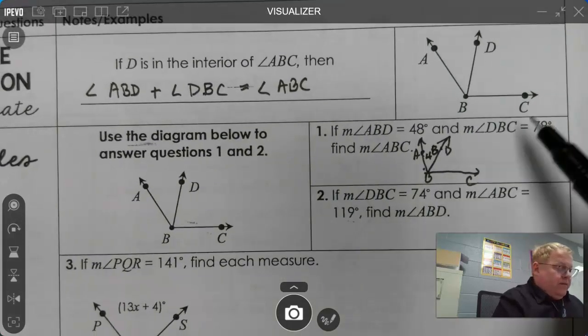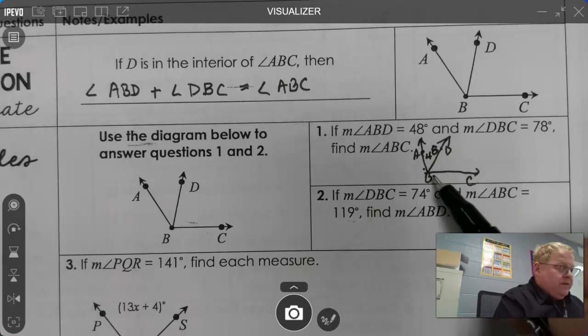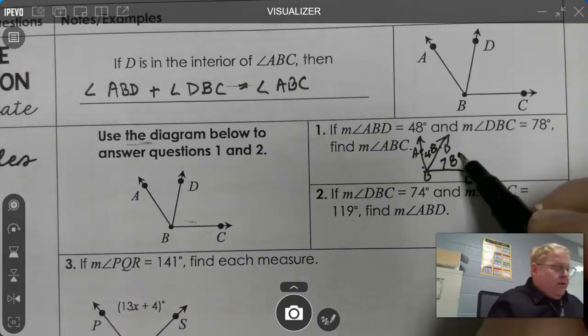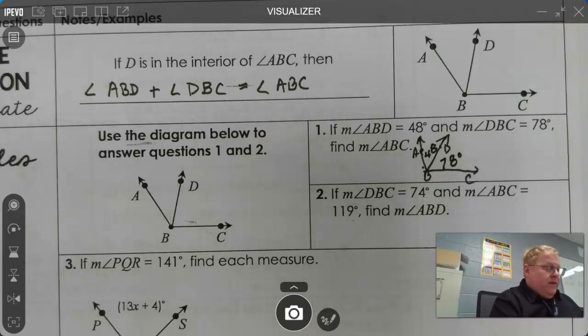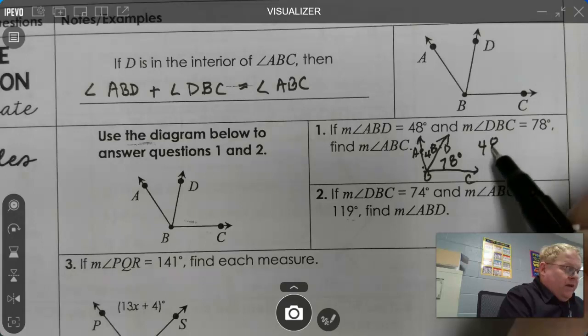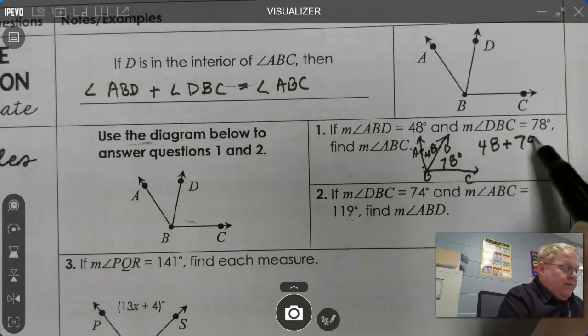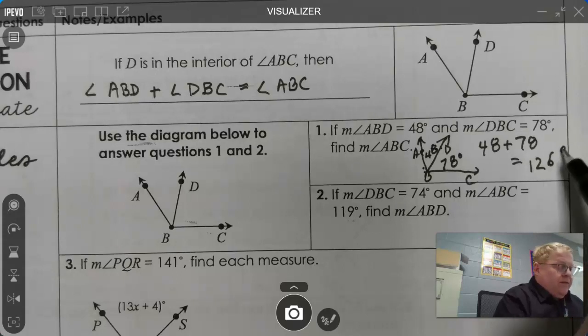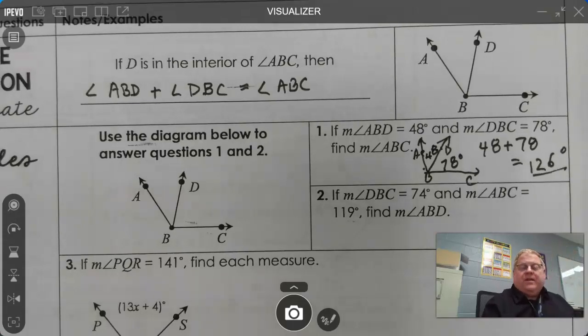Then it says DBC, follow with your eyes, is 78. And they want to know what is the angle ABC, so the whole thing. All I have to do is take 48 and add to it 78, which is 126. So it's 126 degrees.